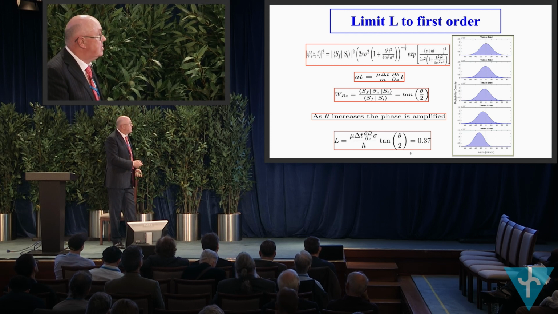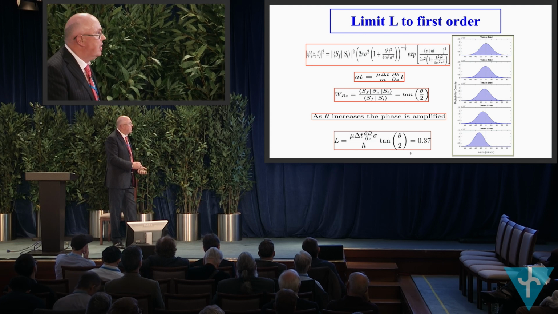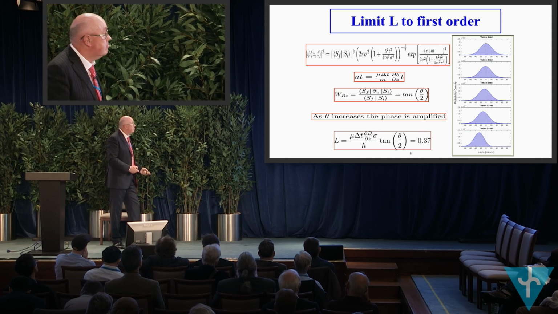And the real part, this is the standard weak value, and in this case, if you put all the algebra in, it turns out to be tan theta over 2.